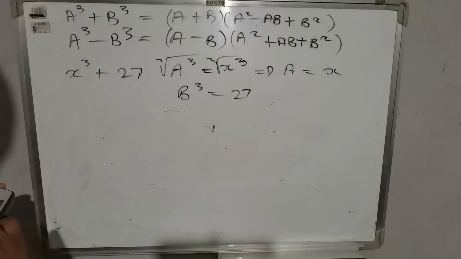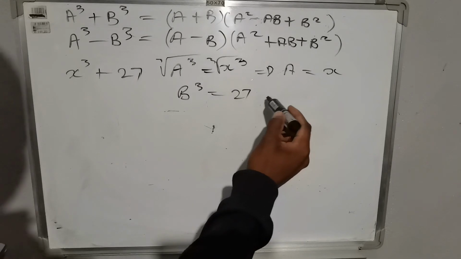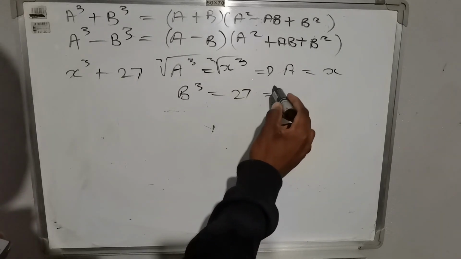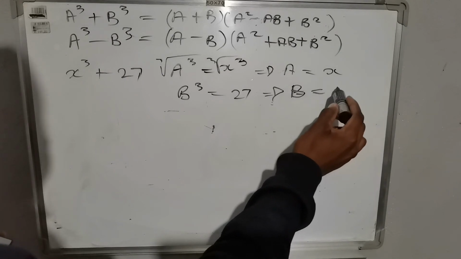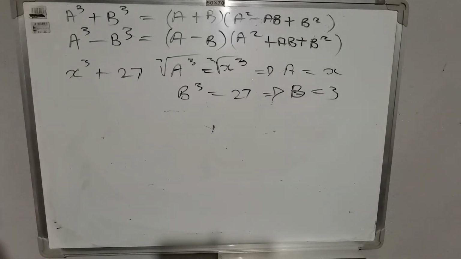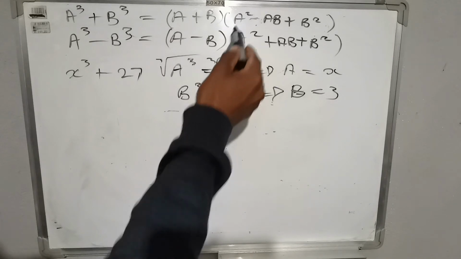The cubed root of 27, it's 3, right? So this makes b equal to 3. So you just substitute in that formula.